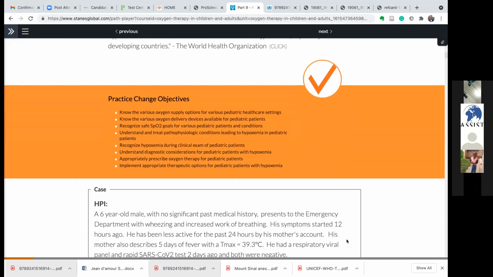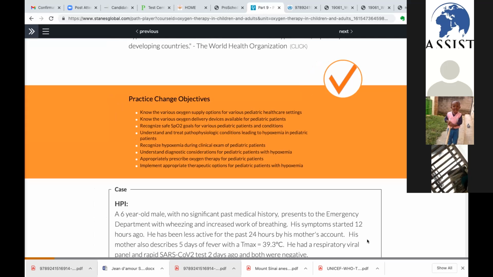Second, we need to know various oxygen delivery devices available for pediatric patients, especially in our hospitals. Remember, this will reinforce what we have been discussing about oxygen delivery devices for adult patients and the oxygen supply options available to us.